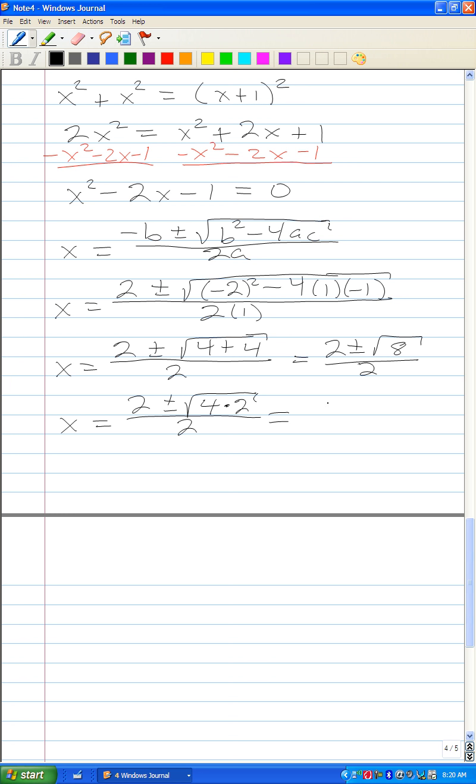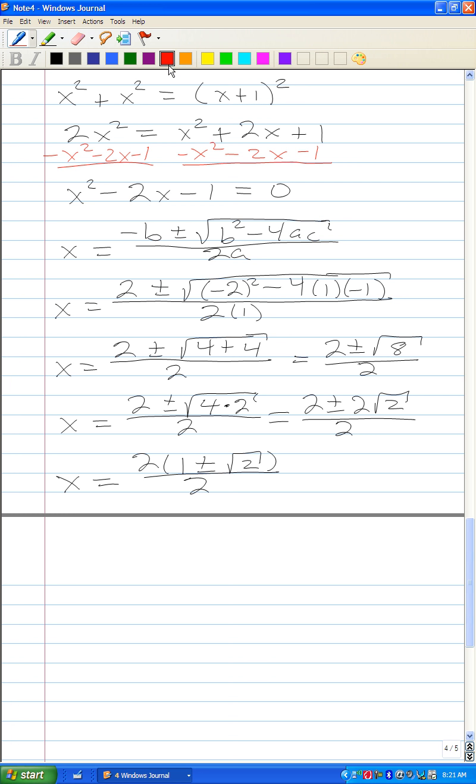The square root of 4 is 2. I can factor 2 from the numerator. Factoring 2 from the numerator, I get 2 times 1 plus or minus rad 2 over 2.